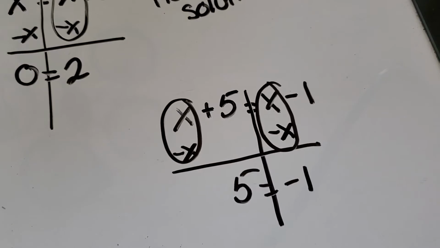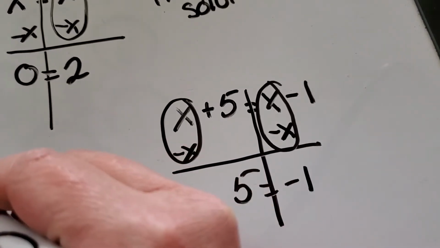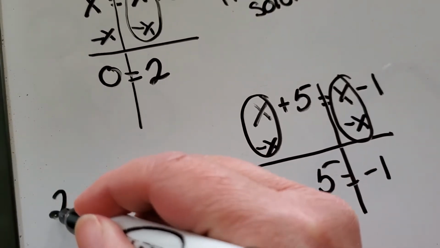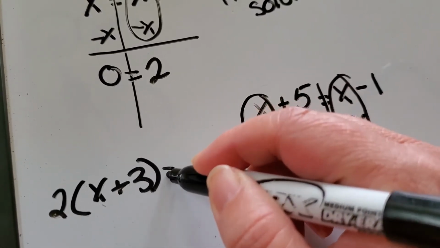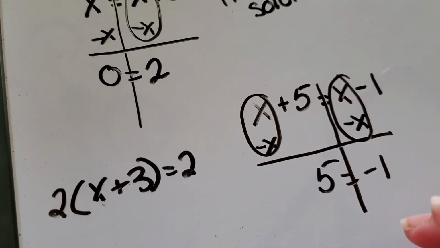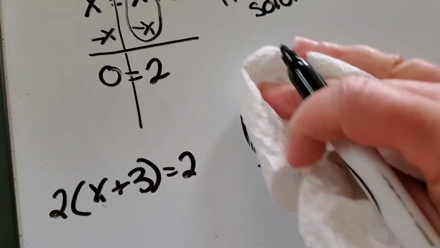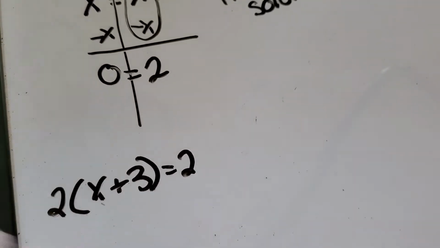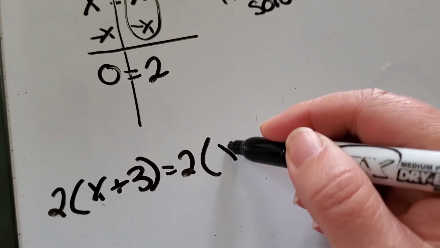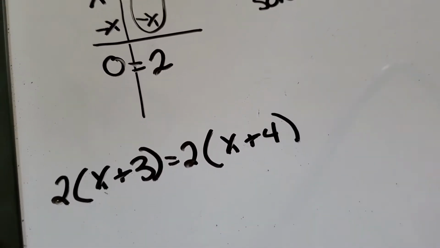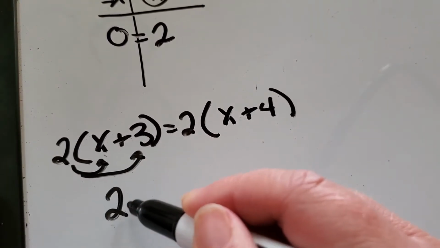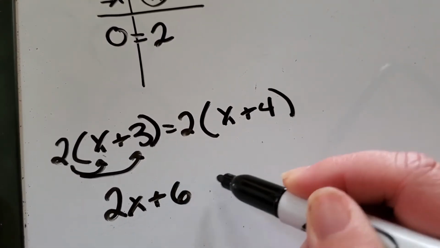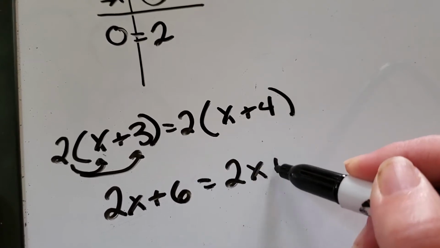Now, what if I gave you 2 times x plus 3 equals 2 times x plus 4? Well, if you distribute it here, you get 2x plus 6 equals 2x plus 8.